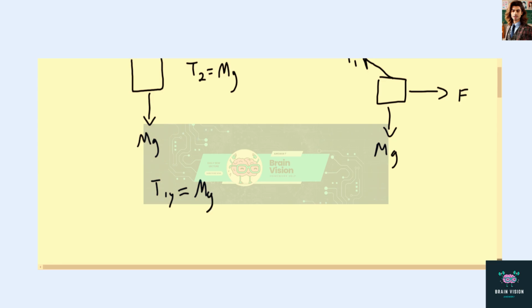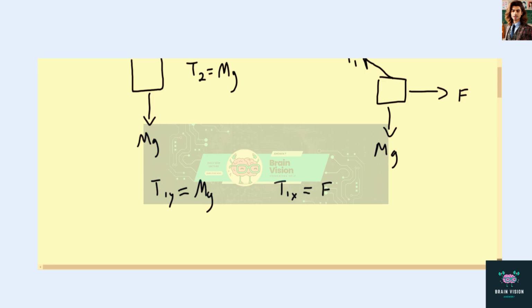Which means that the y component of T1, so T1y, has to be equal to mg, and then T1x, the horizontal component, has to be equal to f.